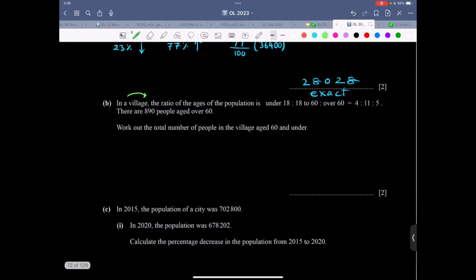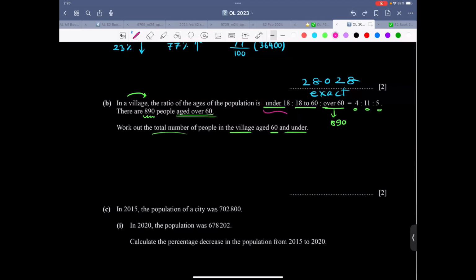The ratio of the ages of the population, under 18, 18 to 60, over 60, is 4:11:5. There are 890 people aged over 60. Work out the total number of people in the village aged 60 and under. That means these two categories are joined together.